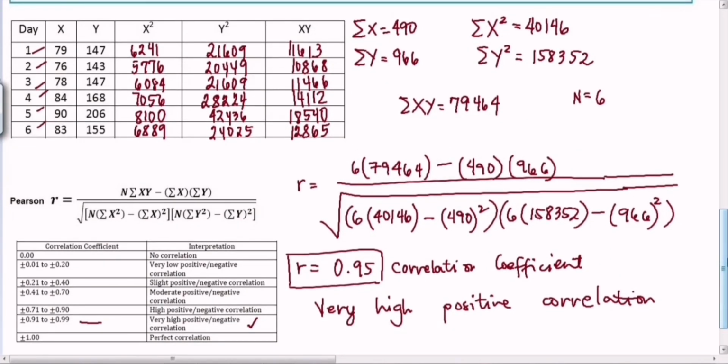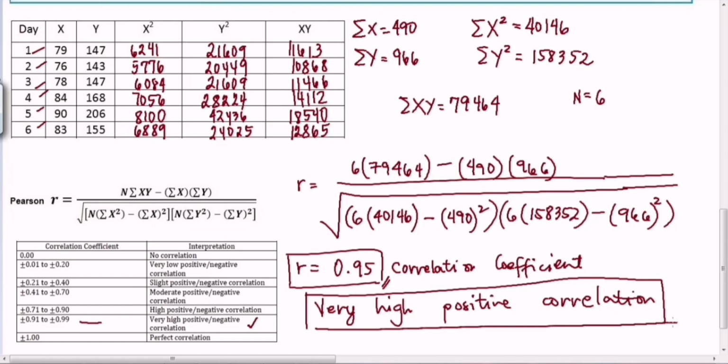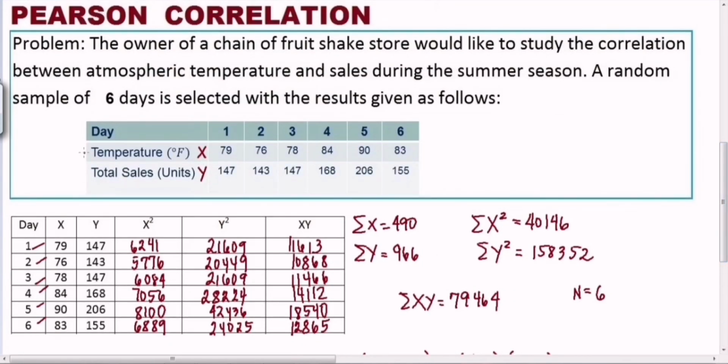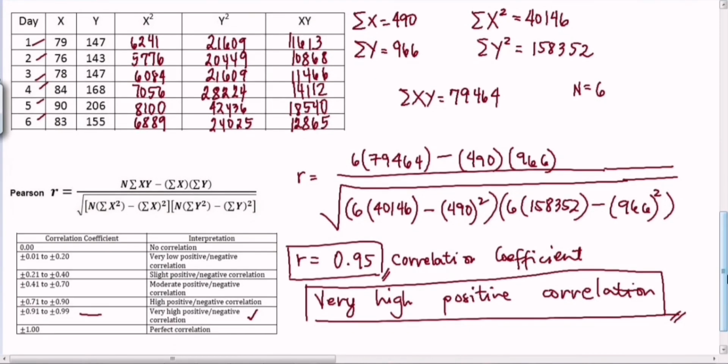When we say positive correlation, pag yung isang variable pataas, yung isa rin tumataas. Okay? Sige. So, ito ang ating magiging answer, yung R. And then this one would be our interpretation. So, yung correlation or relationship nitong temperature and total sales ng fruit shake ay very high positive correlation or relationship. Okay?